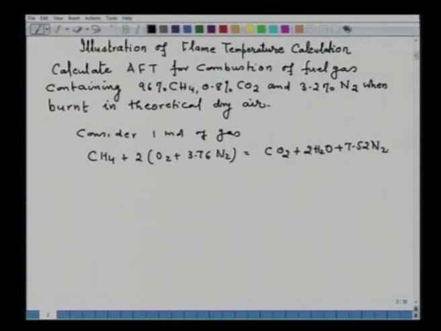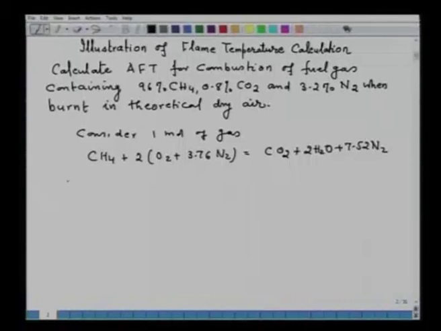This is the basic combustion reaction which will be occurring when this fuel is burned with theoretical amount of air. Now, we have to calculate the moles of products of combustion. This exercise I will ask you to do yourself. I will straight away write down the composition of POC.